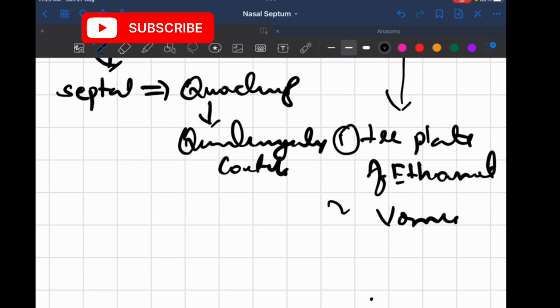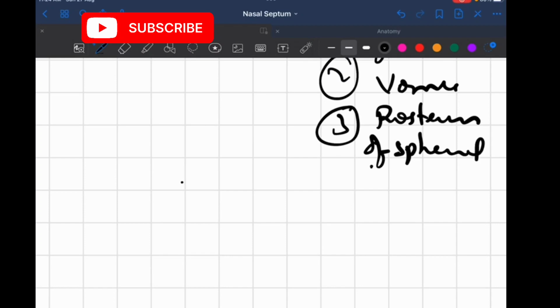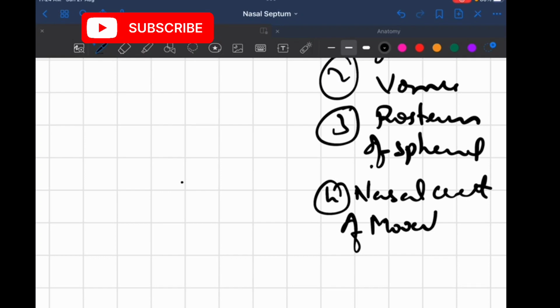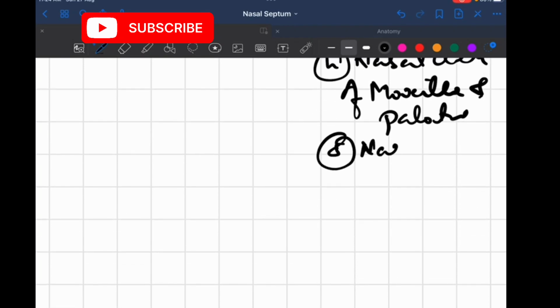These are the main contributors, but some little part is also contributed by other bones like the rostrum of sphenoid, nasal crest of maxilla and palatine bone, and nasal spine of frontal bone.